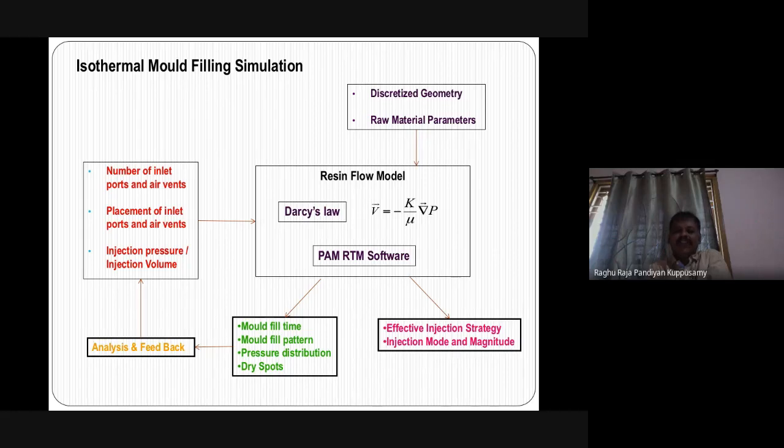So at the end of the analysis, I can find out what my effective injection strategy is, whether I could inject the resin in pressurized mode or constant volume mode, and what the magnitude of injection pressure will be, as well as, if I want a constant volume, what liter per minute or liter per second I have to inject within the mode. So these are the data I can obtain from isothermal mold filling simulation.